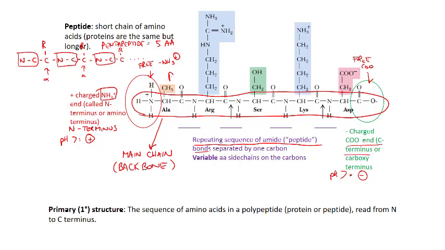And then our R groups hang off the side of the backbone. They're not part of the main chain. They come off the side, so they must be the side chains. That's where the term side chain comes from.